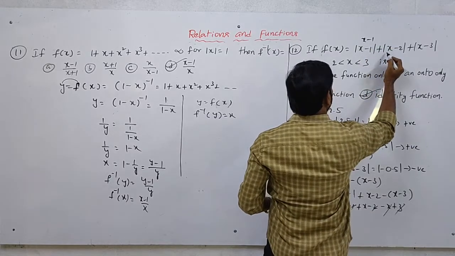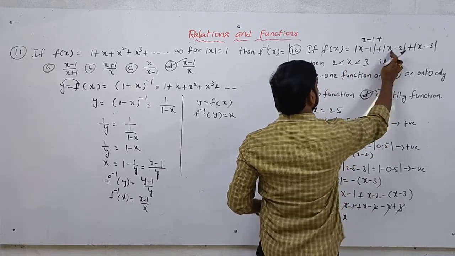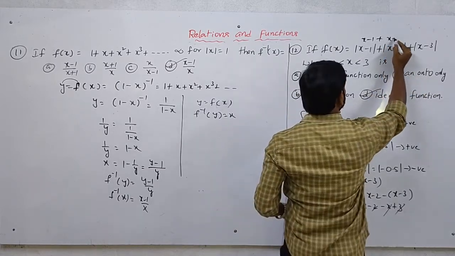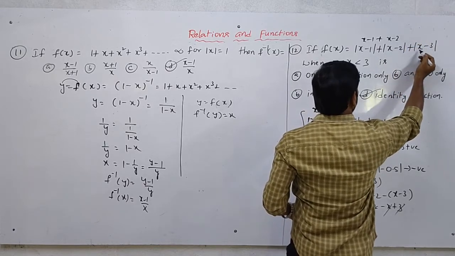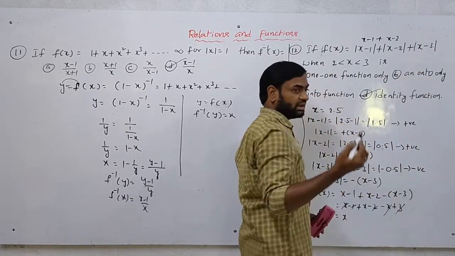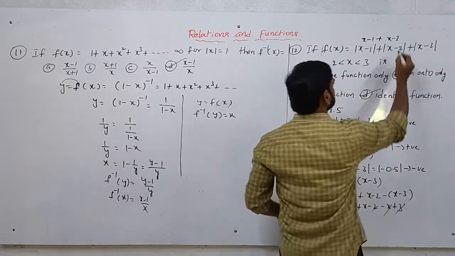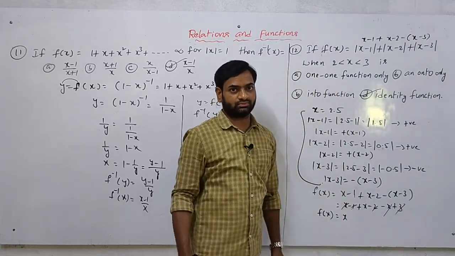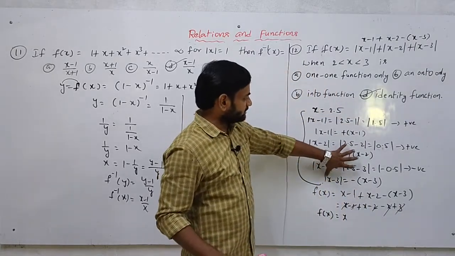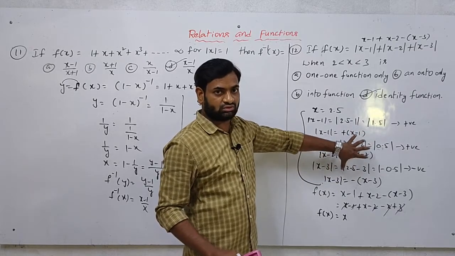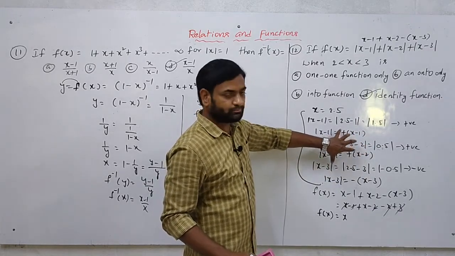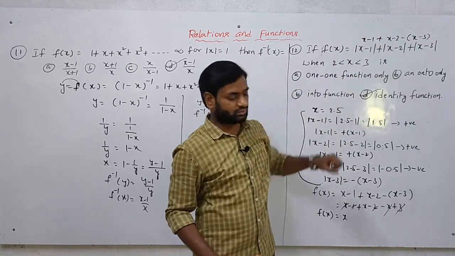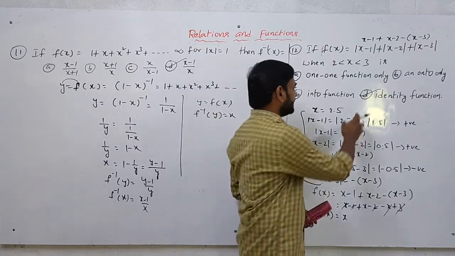Next, 2.5 minus 2 is 0.5, positive, so plus x minus 2. Next, 2.5 minus 3 is minus 0.5, you are getting negative. Negative means minus of x minus 3. Like that you have to solve. Don't write everything, no need to solve this entire thing. I just showed here how it is possible, but you have to calculate in your mind only. So the answer is identity function.